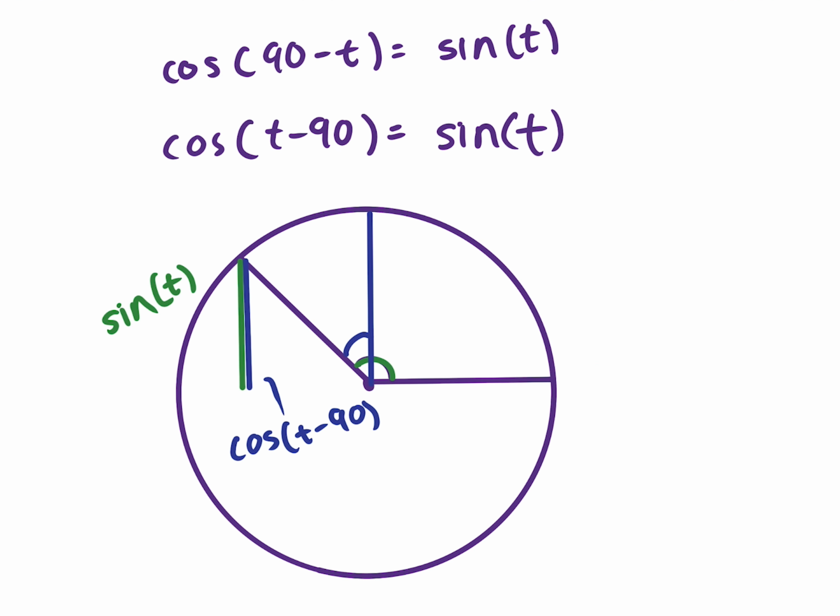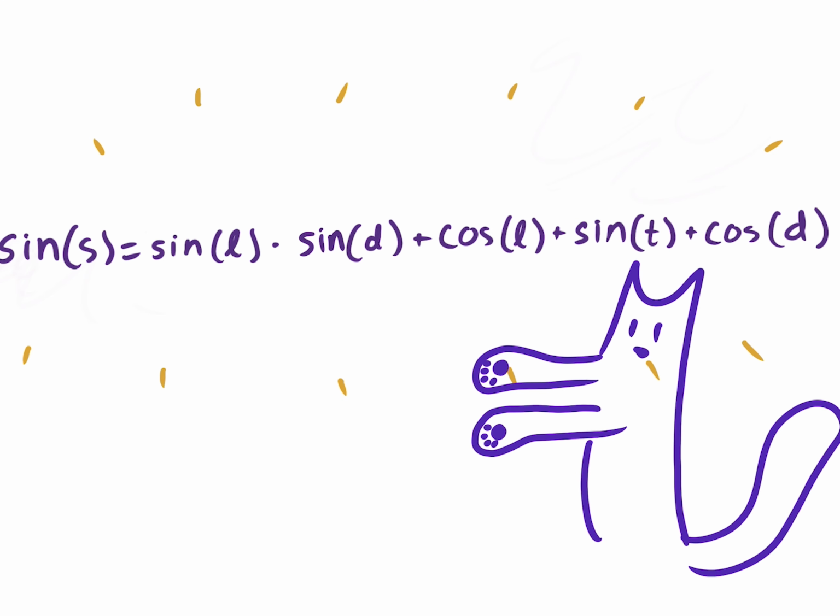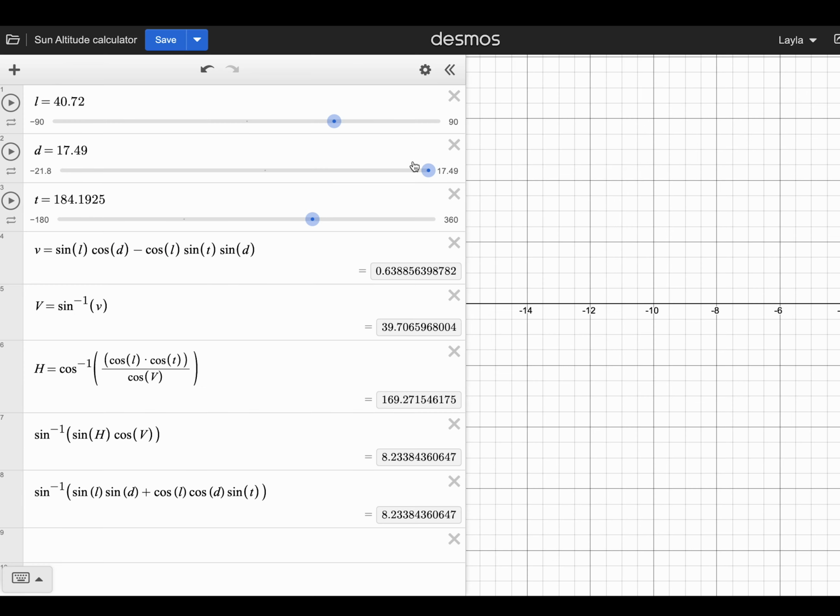We could use some cosine/sine rules to simplify this, and we get the exact same equation that we derived in a completely different way. Something else exciting is if I do use the method where I solve for V and H separately and then plug them in, we actually get the exact same number as this equation.